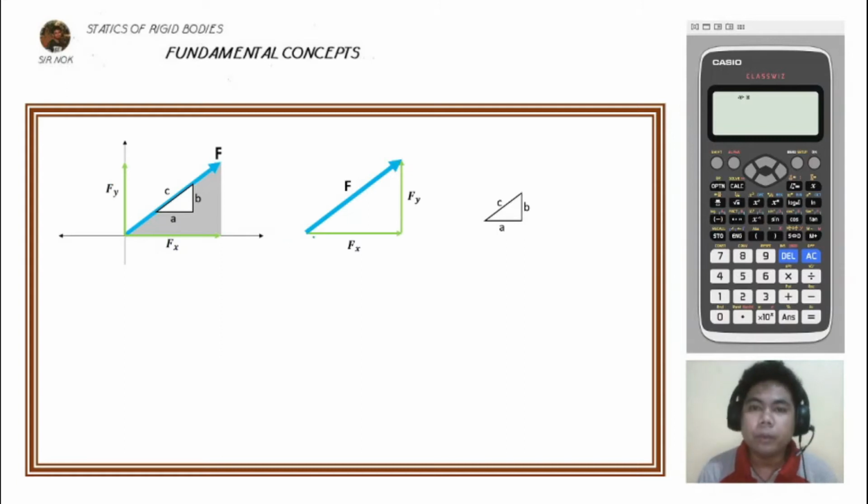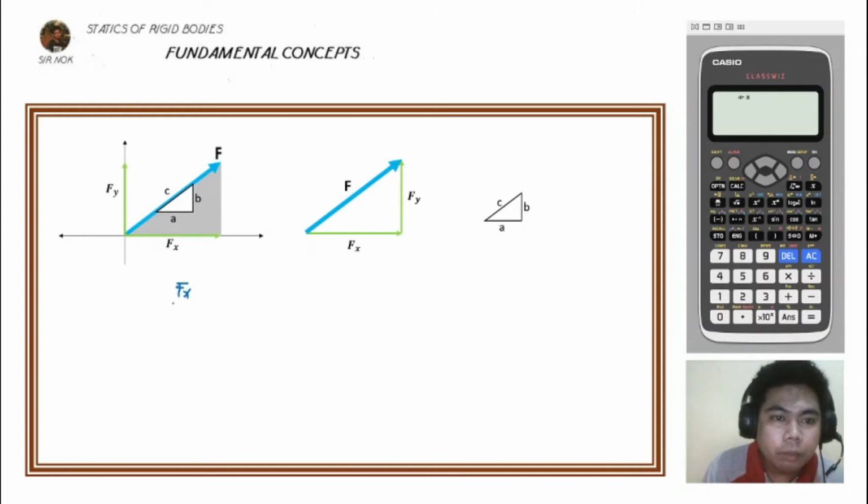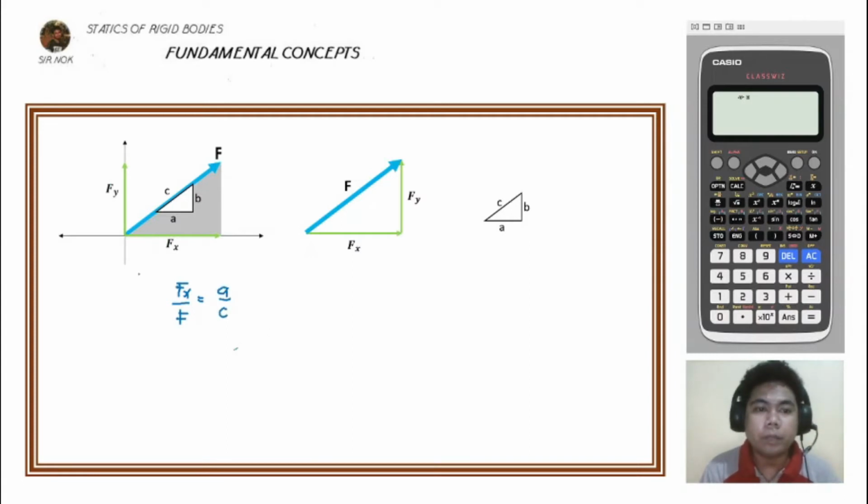So x component corresponds to side A, the y component corresponds to side B, and the force F corresponds to side C. So the proportional length of the sides gives us x component over F is equal to A over C. So from this proportion, we can solve the magnitude of x component.